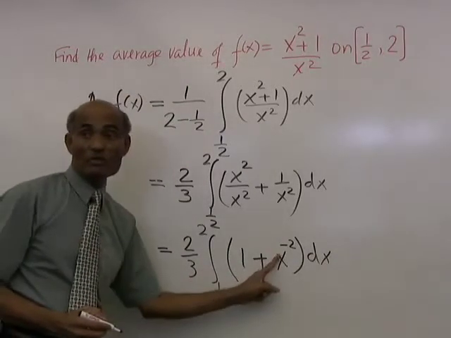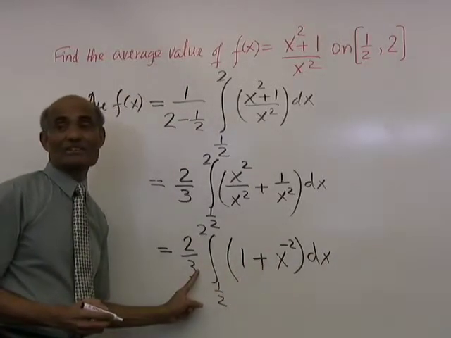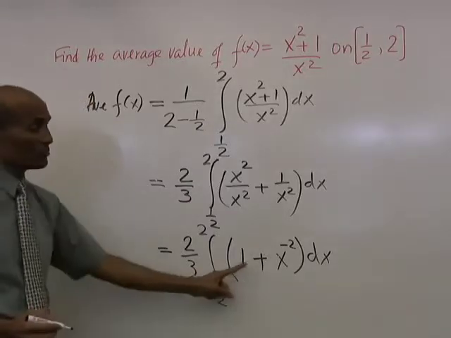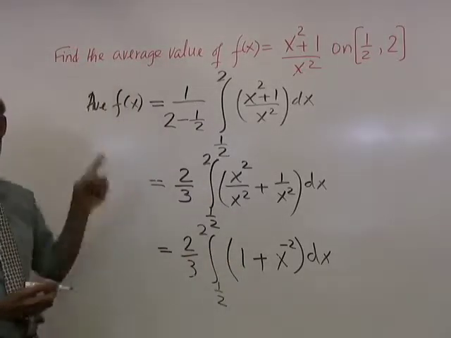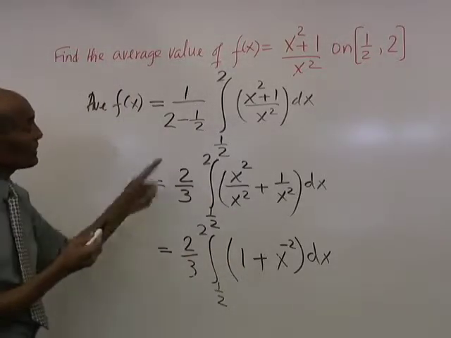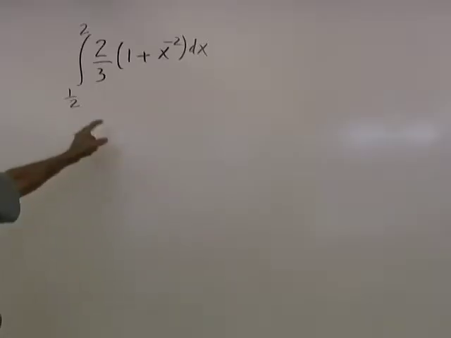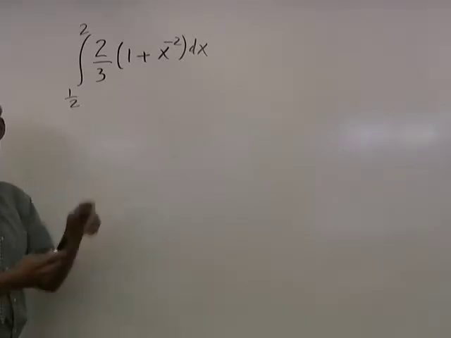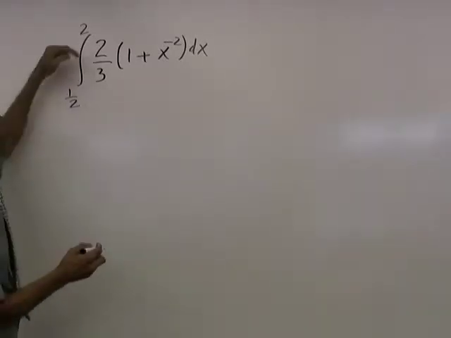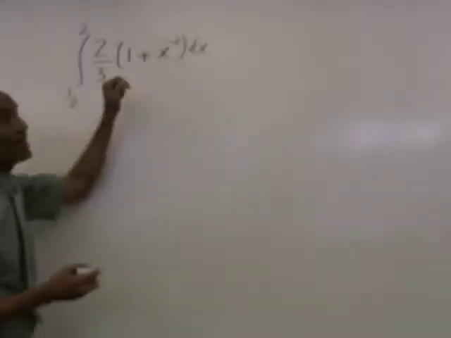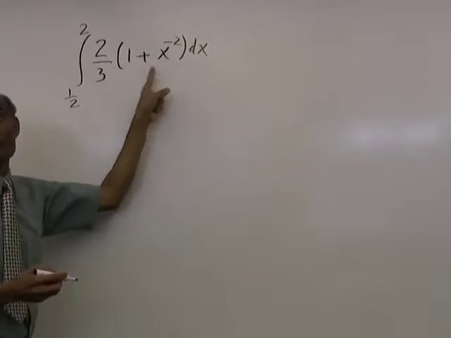Now, this is what we need to evaluate. So, I'm going to start with this over here as I clean off some of these steps. Okay? So, this is what we want to find the value of. And let's now find the integral of this.